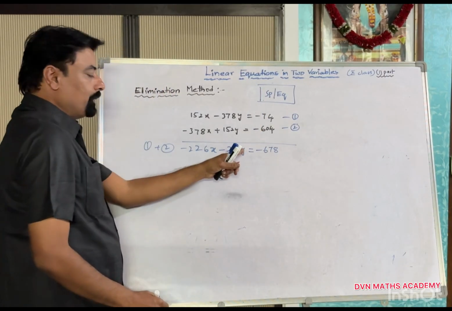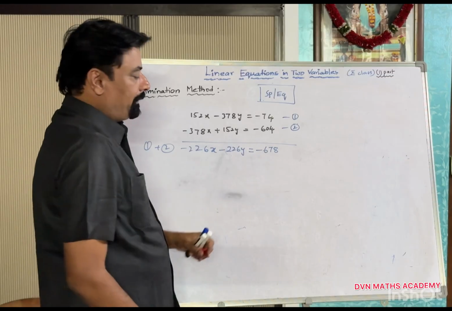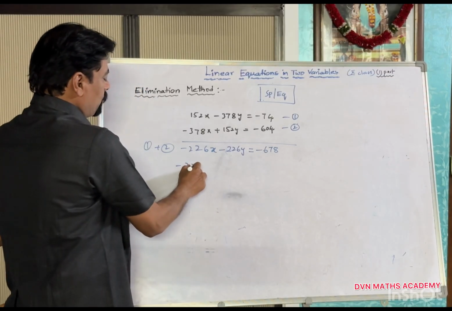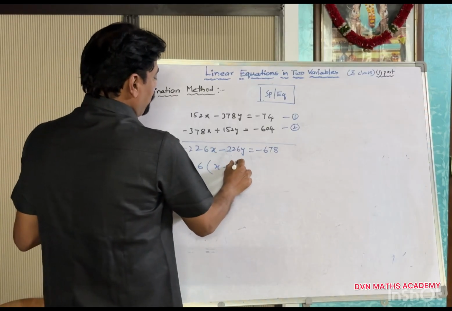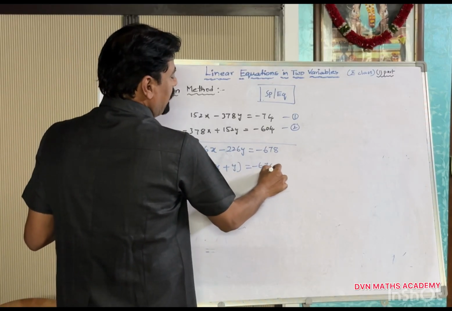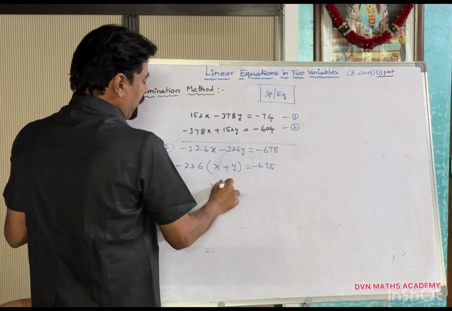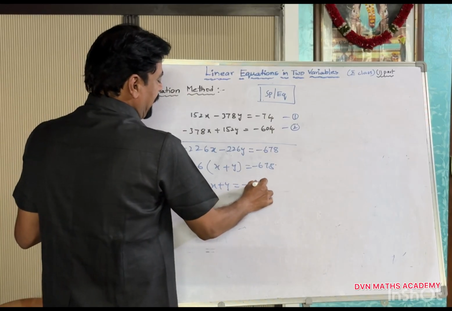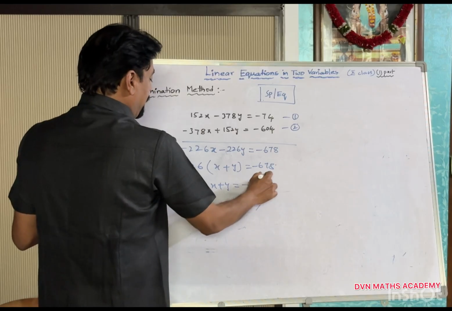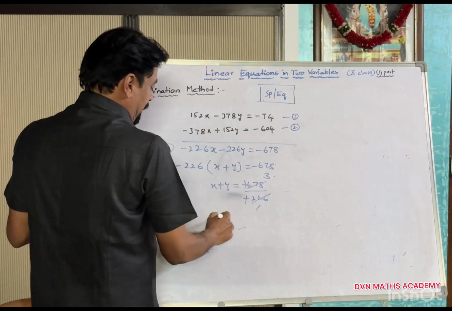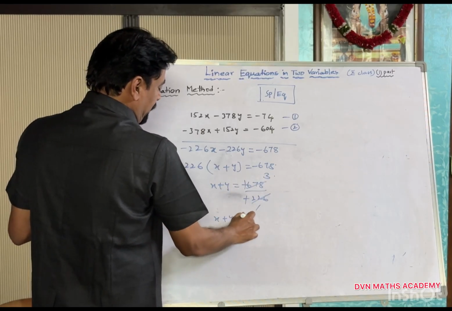If you take minus 226 common, this becomes x plus y is equal to minus 678 by minus 226. Ones are, and this becomes 3's are; minus minus cancels. I got x plus y is equal to 3.